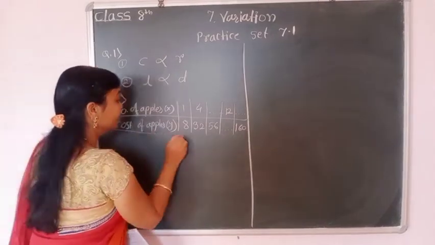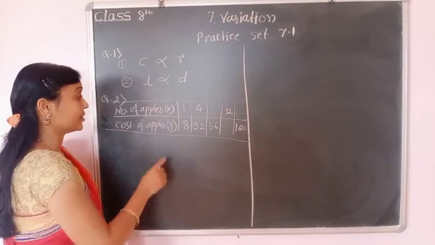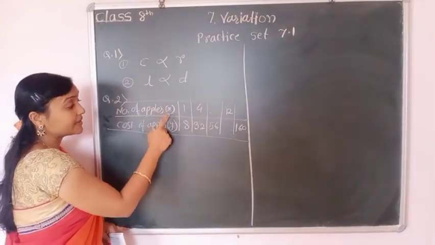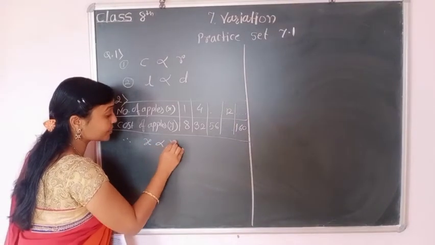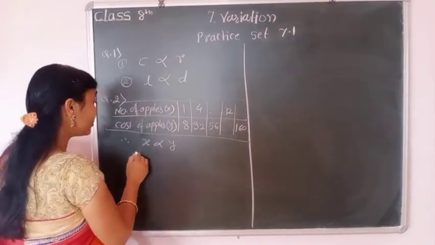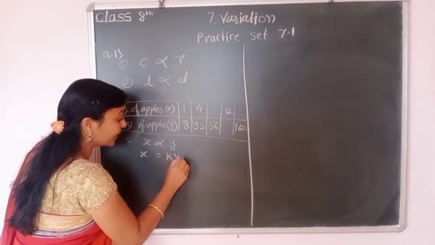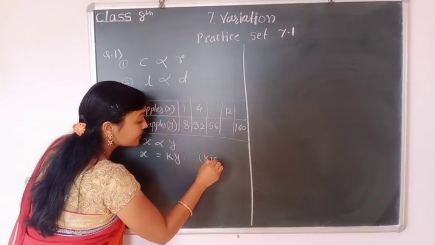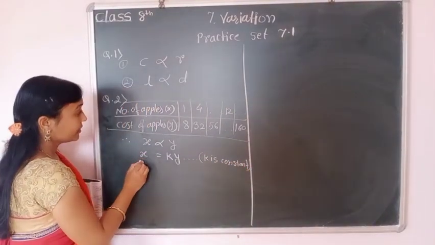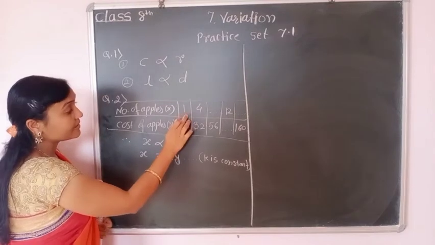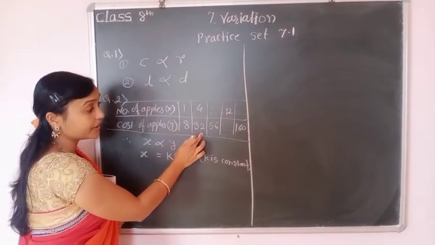Now, how do we find the number of apples by using the equation of variation? They say x varies directly with y, so we write x is directly proportional to y. Our equation of variation is x equals k y, where k is the constant. What is the value of x? 1, 4, and the values of y are 8 and 32.